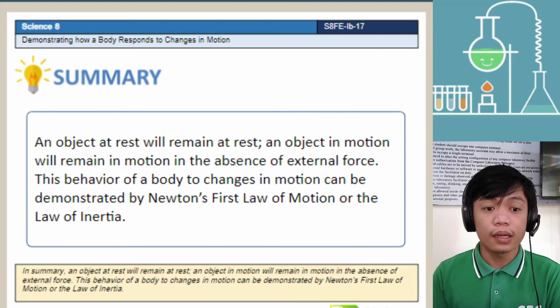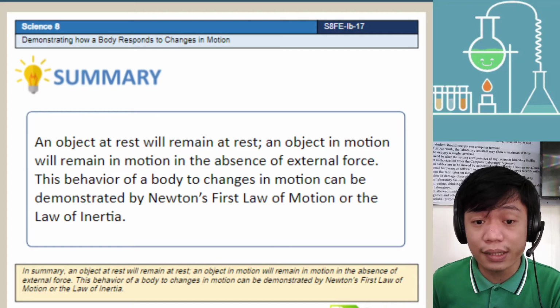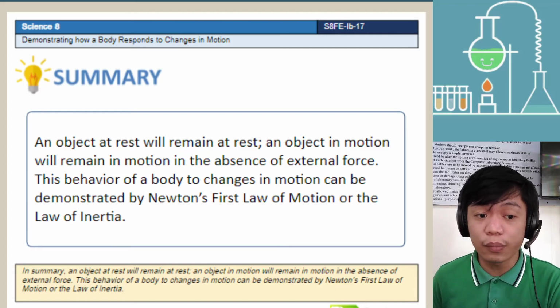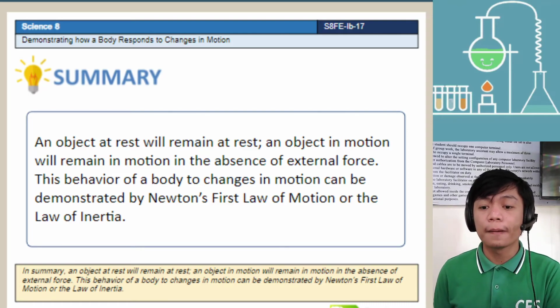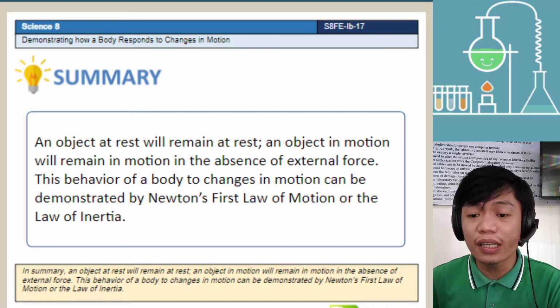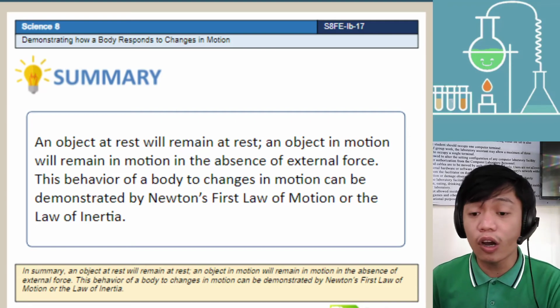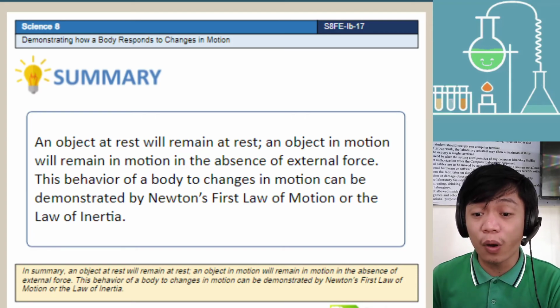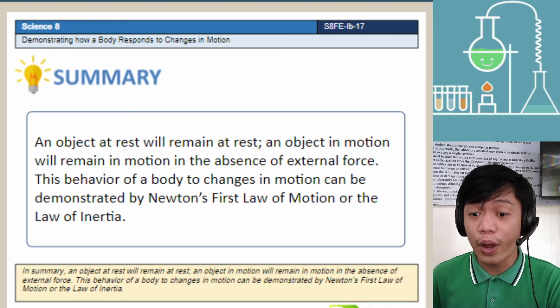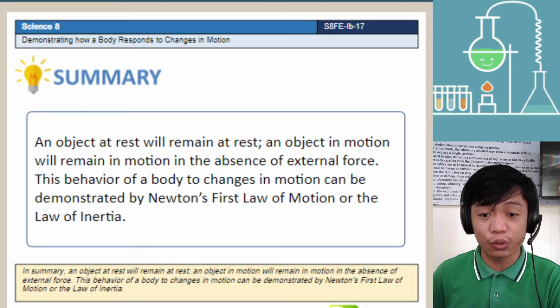So, in summary, an object at rest will remain at rest, and an object in motion will remain in motion in the absence of external force. So basically, if there is no external force that acts on an object, the object is still in the form of inertia, whether it is moving constantly or it is at rest.